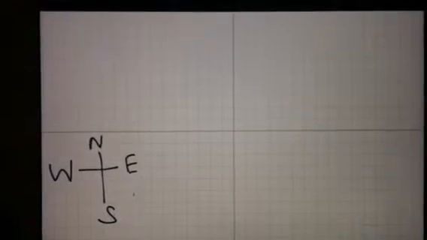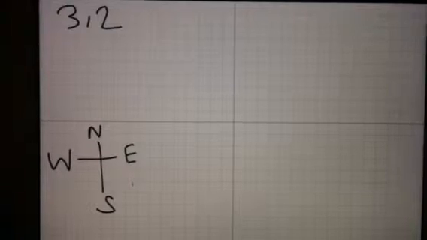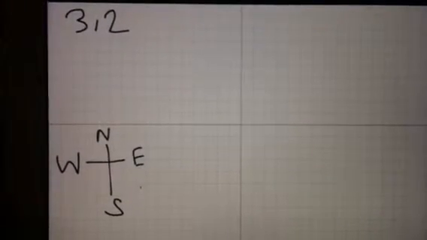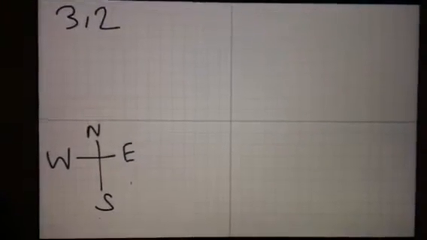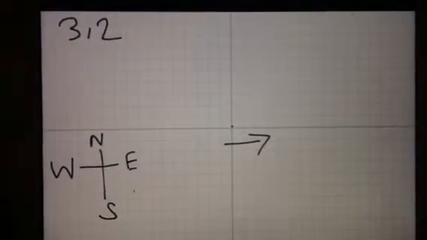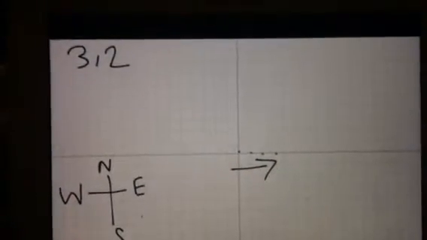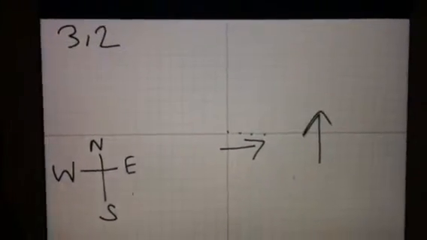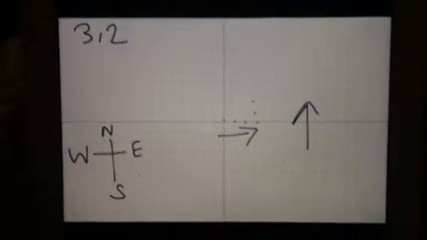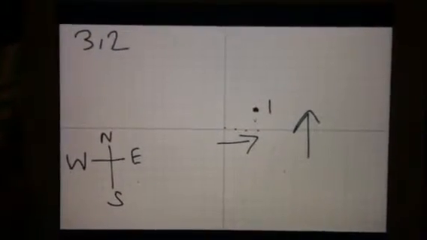Okay, our first coordinate is going to be 3, 2, which I'm writing right here. Okay, we know that we're going to start from our point of origin, which is right here, and we are going to travel east 3 units at 1, 2, and 3, which will put us right here, and then we are going to travel north 2 units at 1, 2, which will put us right here at our first coordinate.